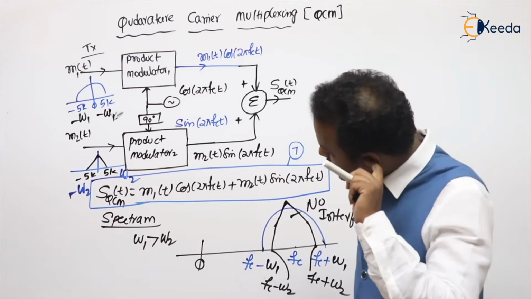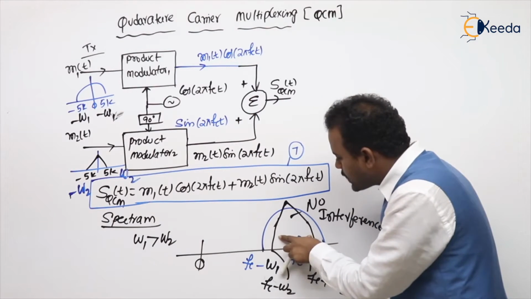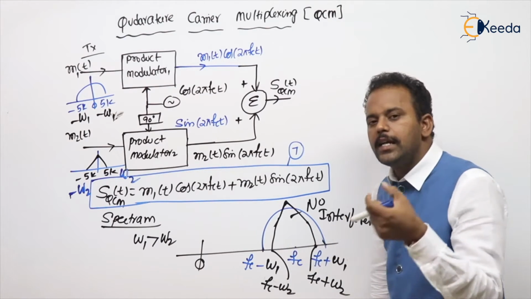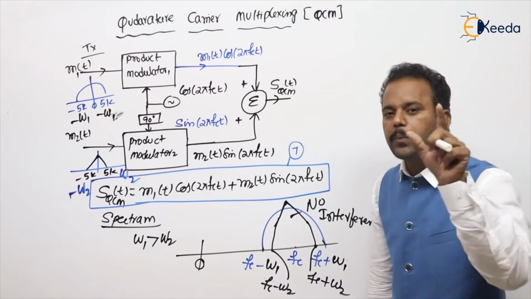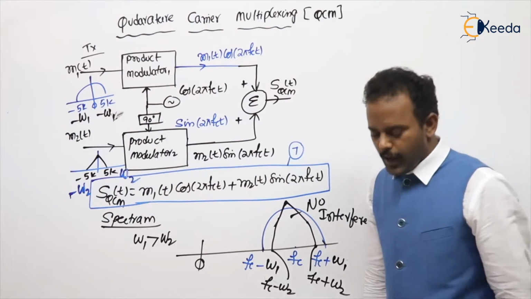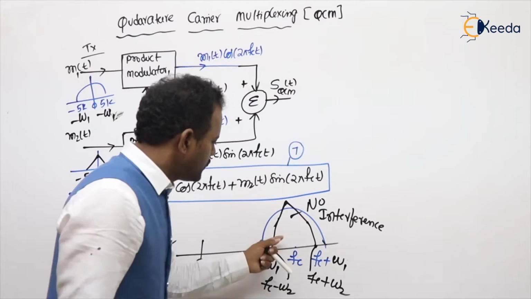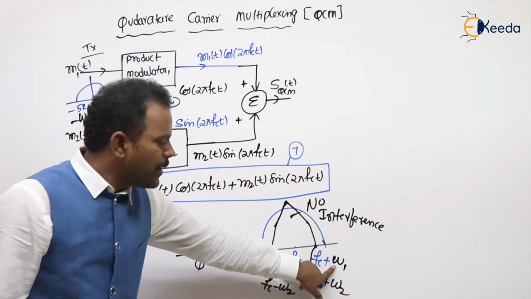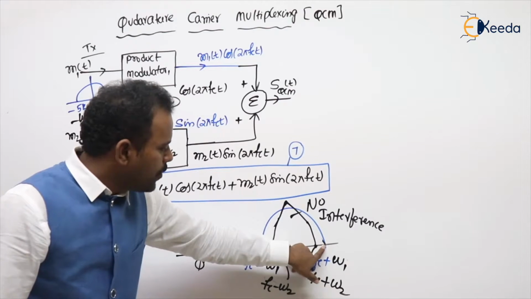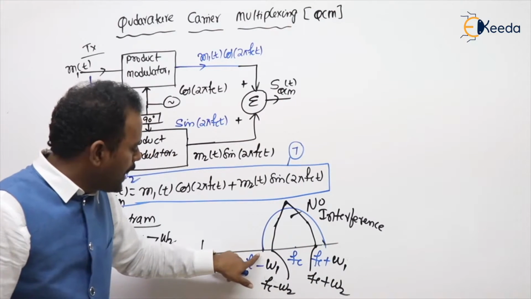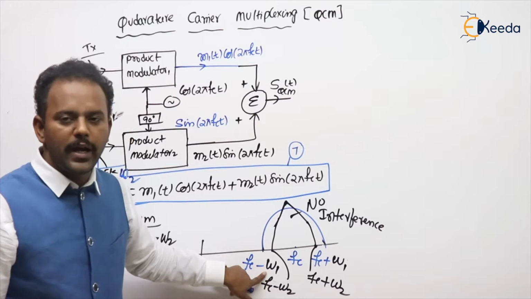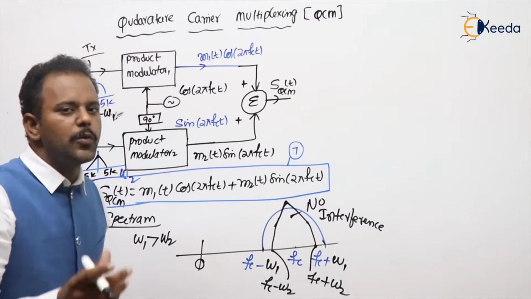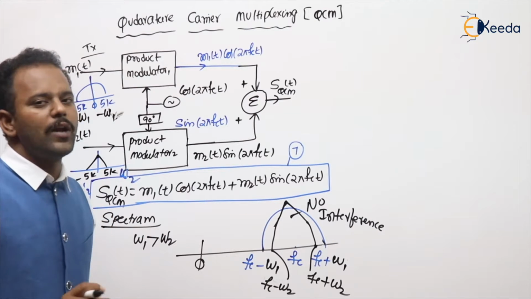What is the advantage, sir? This common bandwidth is our advantage, because in that common band we are sending the two. So it is a bandwidth optimization technique. Now what is the bandwidth, sir? Generally we write highest minus lowest. Here I am taking omega 1 as highest, so Fc plus omega 1 minus Fc minus omega 1 will be 2 omega 1. If omega 2 is larger, then 2 omega 2 will come.